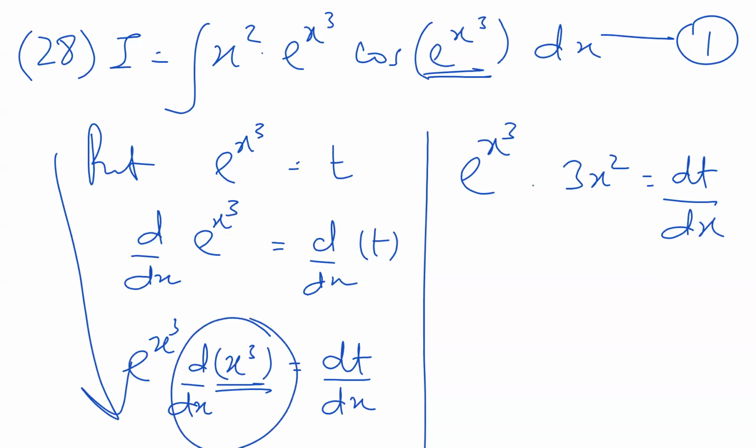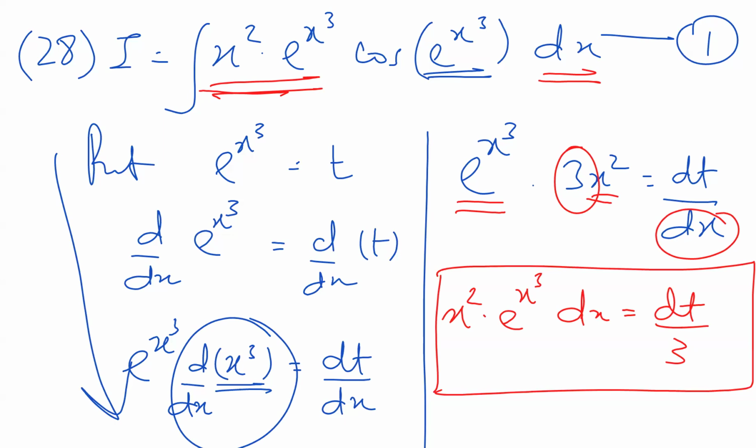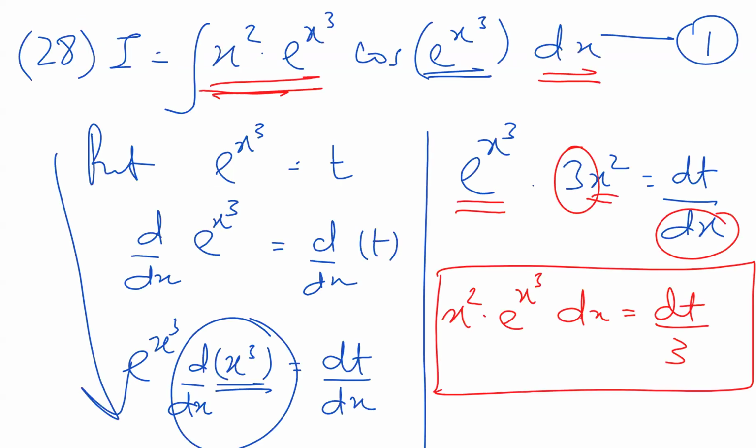Now look at equation number 1. x square e raised to x cube dx. So x square e raised to x cube dx will be dt upon 3. 3 is not required over here. So x square e raised to x cube dx is equal to dt by 3. So from 1, integration of this particular part into dx is dt by 3.